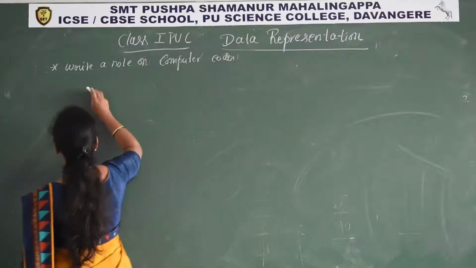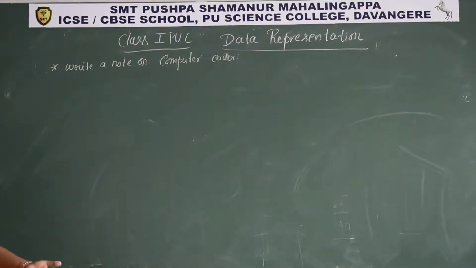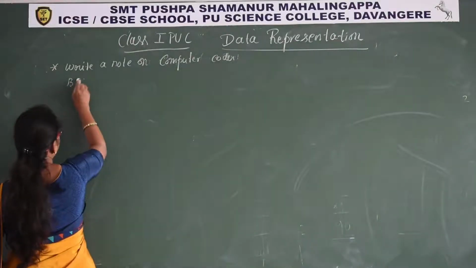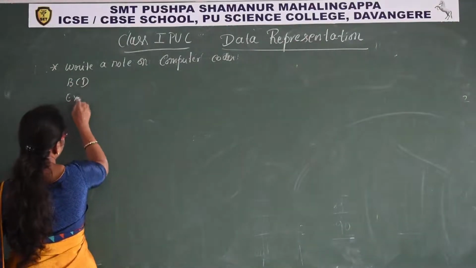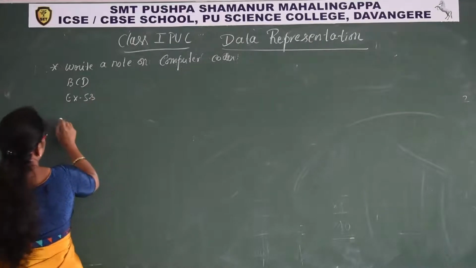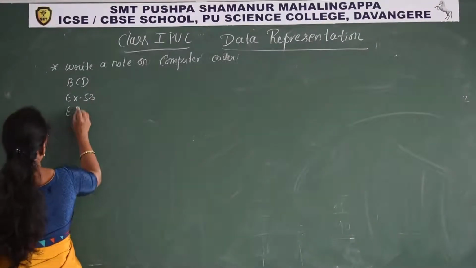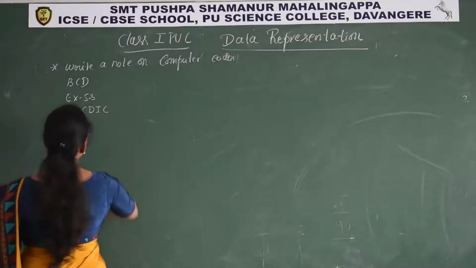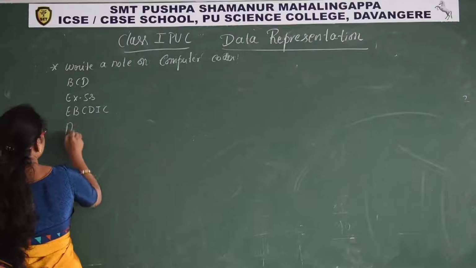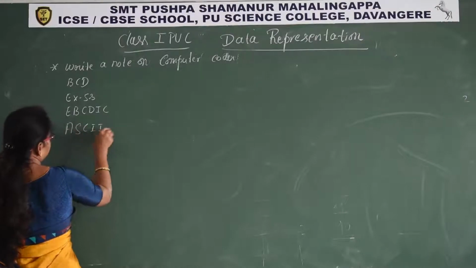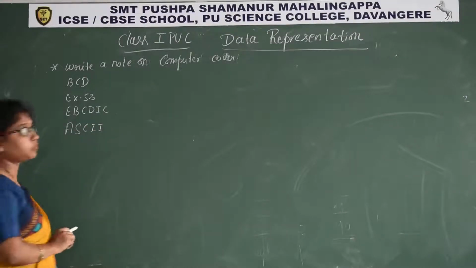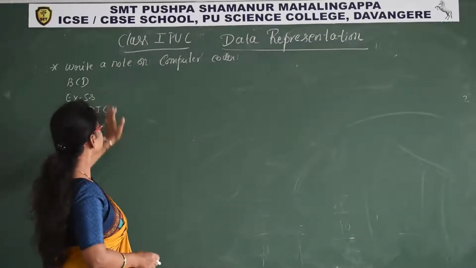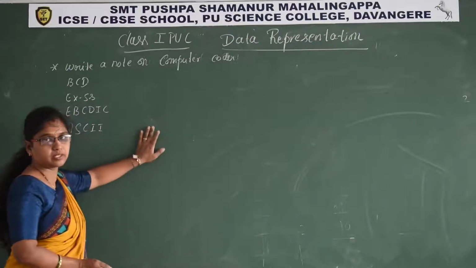You have to write the definition or method explanation about each particular code, that is BCD, XS3, then EBCDIC, extended binary coded decimal interchange code, then ASCII code. So you have to explain the method, how to convert, how to write the code for a given character in each coding system, and give an example for each.